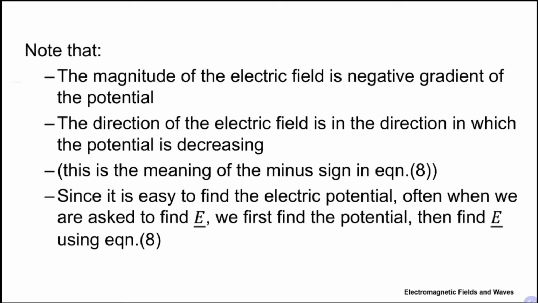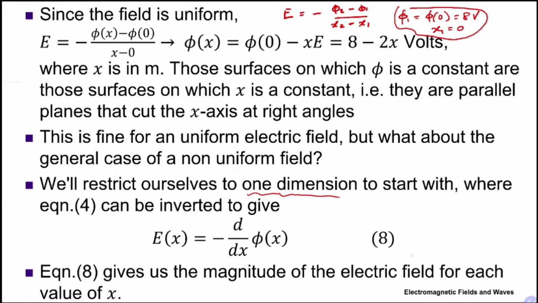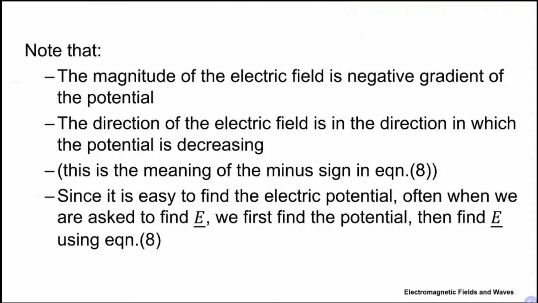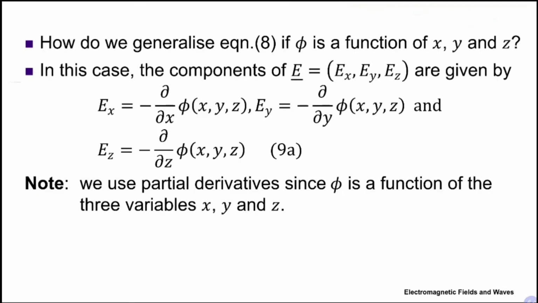If you are asked to find the electric field, we first find the potential, then we can find the electric field using equation 8, because potential is a scalar. Just now, equation 8 was one dimension, just the x direction.